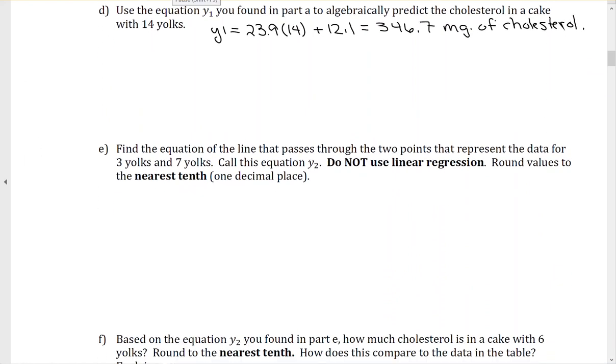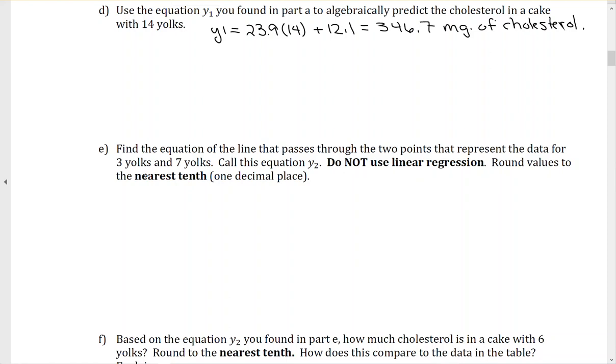So for part E, it says find the equation of the line that passes through these 2 points that represent our data. Call this equation y sub 2. Do not use linear regression. So I can't use my calculator like we did in the previous problem and use our stat button. I'm going to have to go back to using our formula.